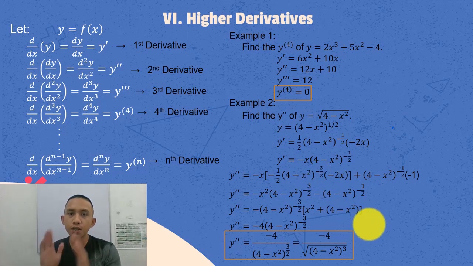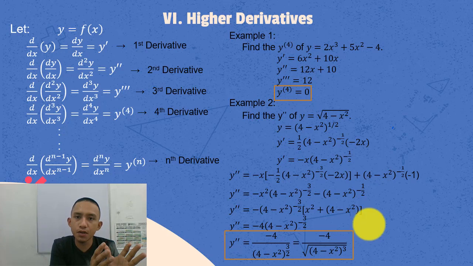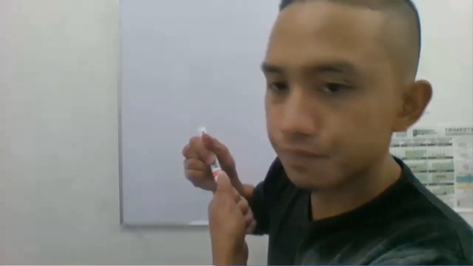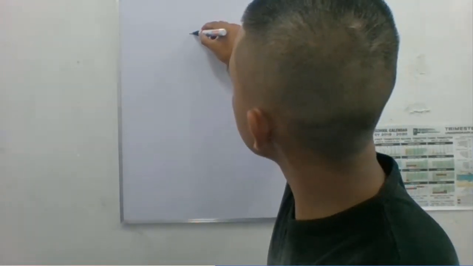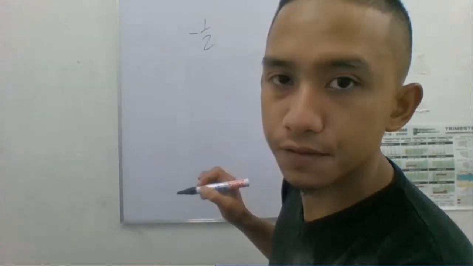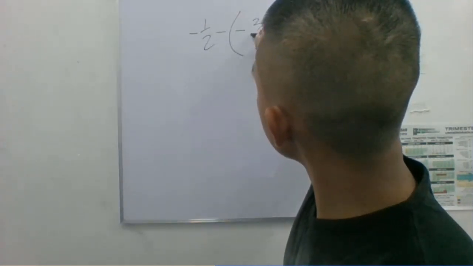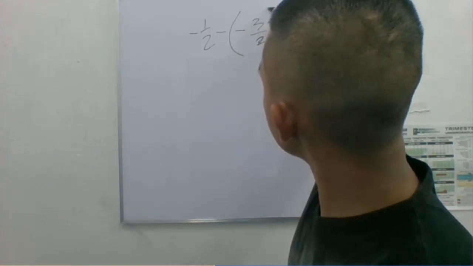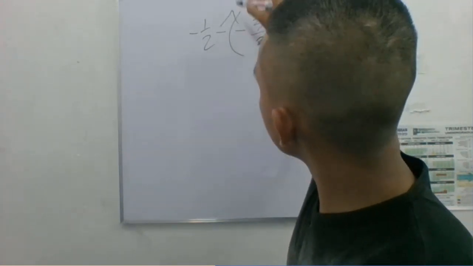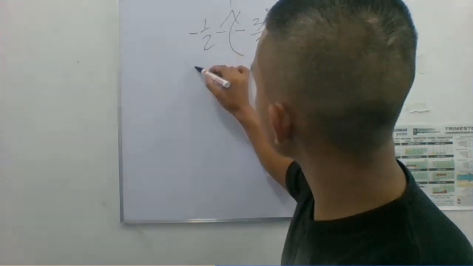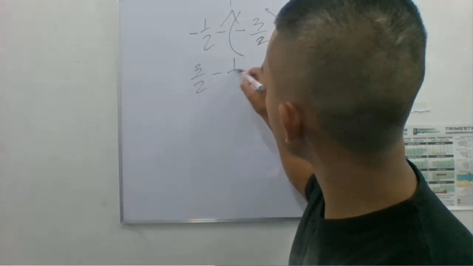So again, we are factoring. If you bring outside one with exponent, what will you do? Subtract the exponent. Originally that is negative 1/2. Subtract whatever you brought outside, which is negative 3/2. Negative negative will make it plus, therefore that will just become 3/2 minus 1/2.